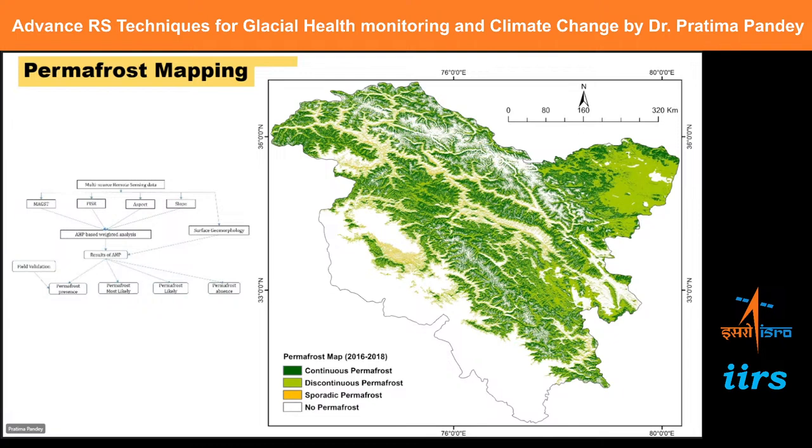So because of that also permafrost mapping is important. Secondly, the soil contains lots of organic gases or greenhouse gases like methane and carbon. So when the permafrost melts, this soil will release methane, which is again a greenhouse gas. So this is why it is important to do permafrost mapping.